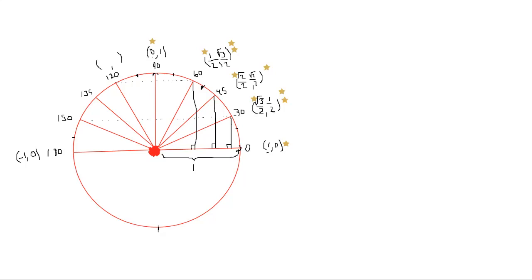In other words, the y value is going to be exactly the same as the y value opposite. In other words, if you look straight across here, that y value has to be the square root of 3 over 2. The x values are not exactly the same because we're on opposite sides of the y axis. So the x values on the left side have to be negative. So that's going to be negative 1/2.